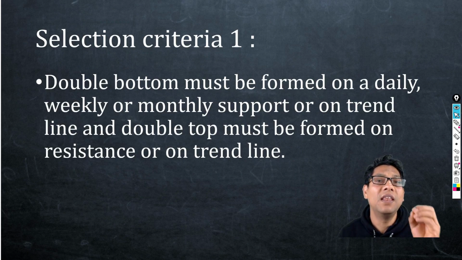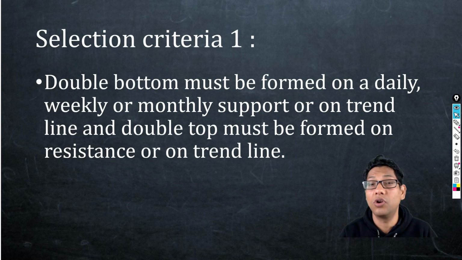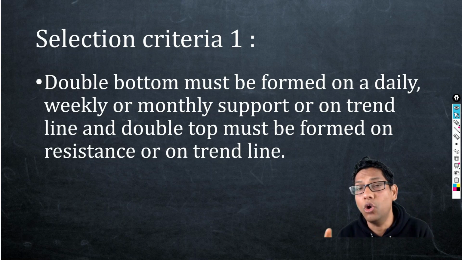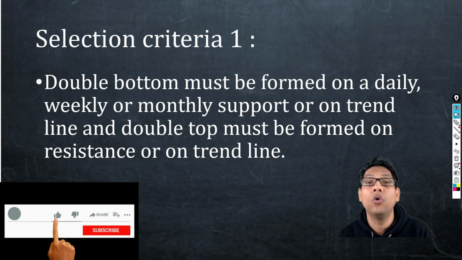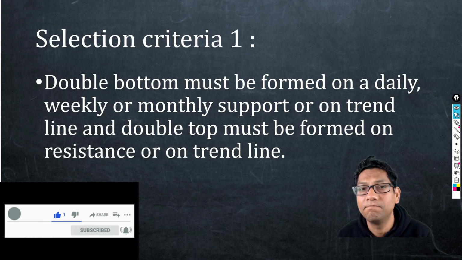So first, learn the selection criteria for double bottom and double top selection. Now this selection criteria is not a hard rule, but is an observation that I found over a long term of observing and back testing.